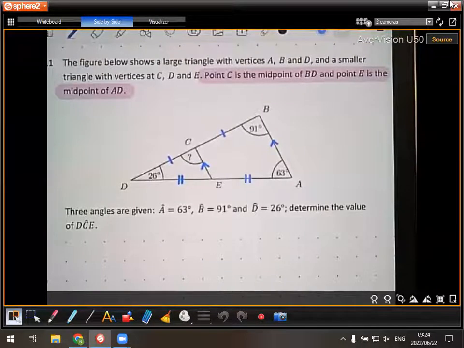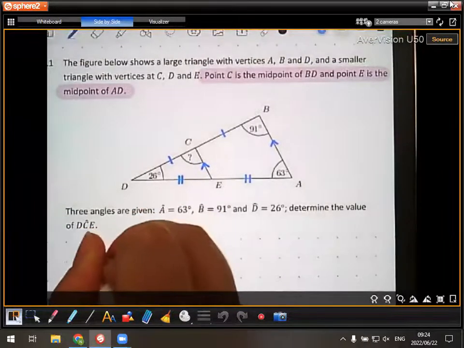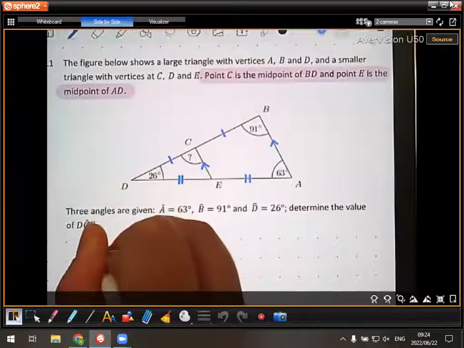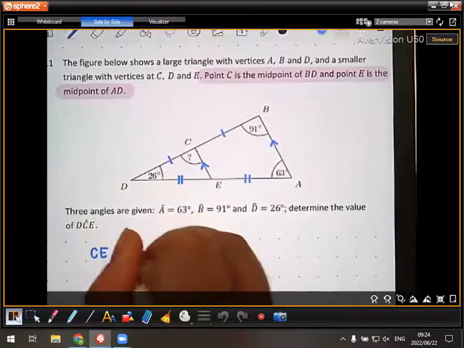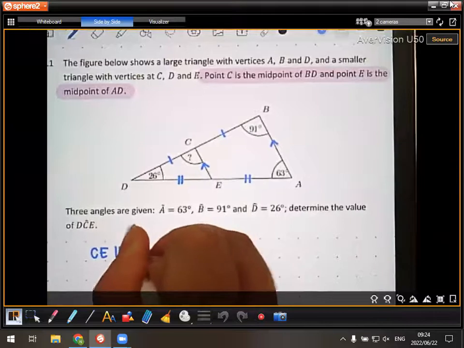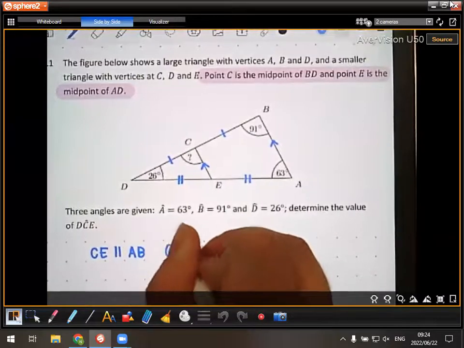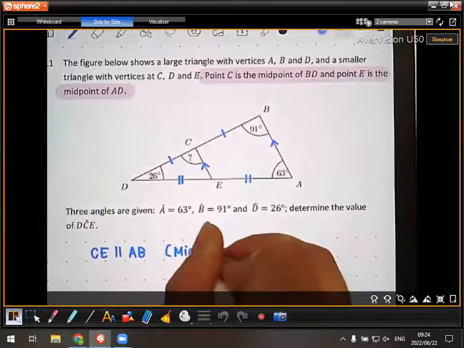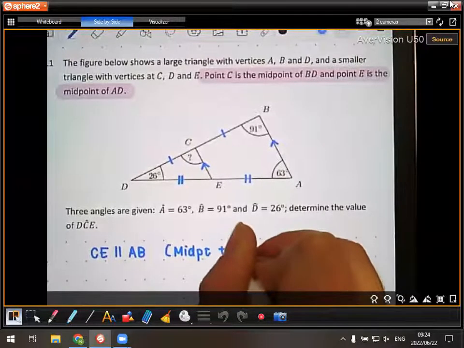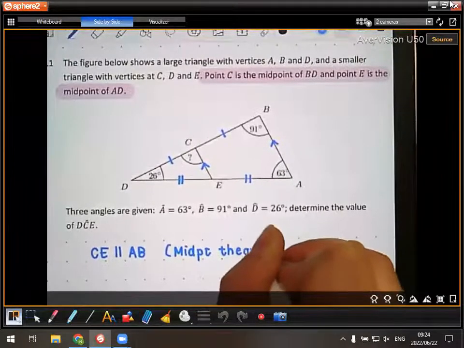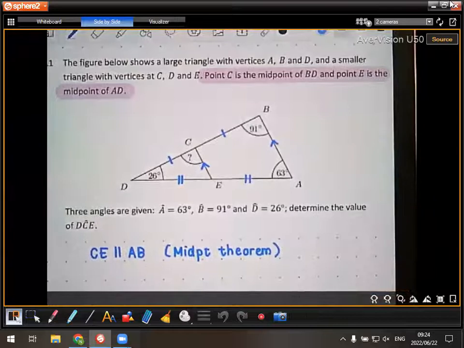My reason for that is going to be midpoint theorem. All right. So we're going to say CE is parallel to AB, in brackets midpoint theorem. You do not have to first state CD equals BC and DE equals AE. That was given, right?